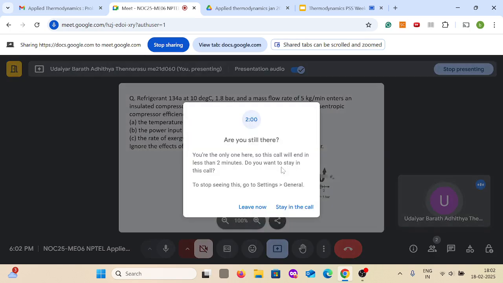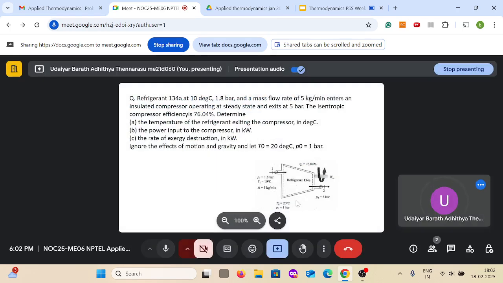So determine A, the temperature of the refrigerant exiting the compressor, B, the power input to the compressor, C, the rate of exergy destruction, and lastly ignore the effects of motion and gravity, and the ambient dead state conditions are T0 is 20 degrees Celsius and P0 is 1 bar. So that's what is given.